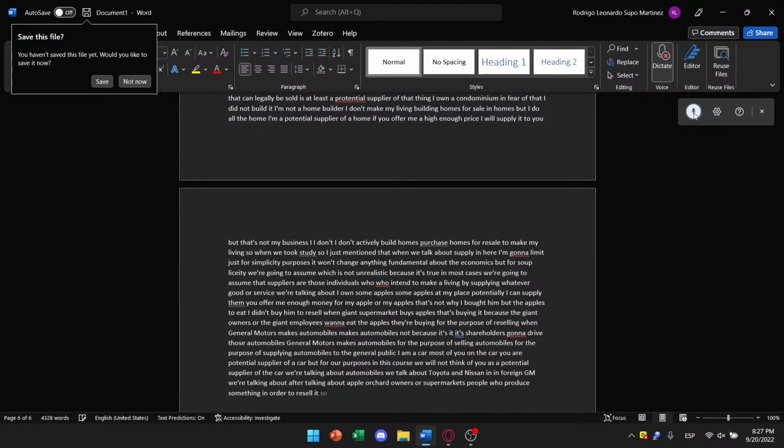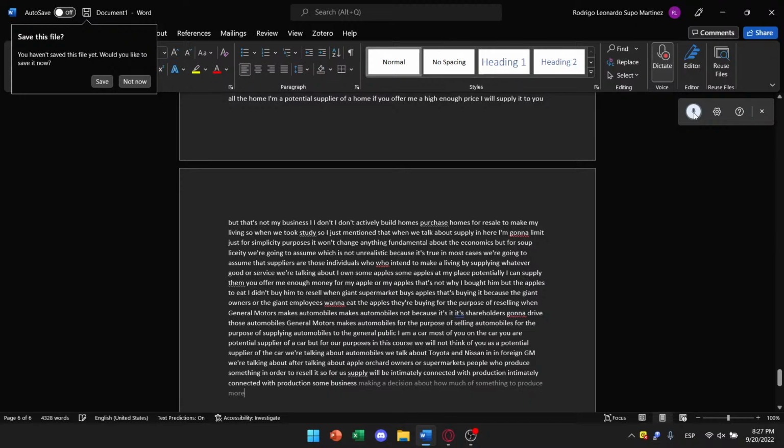So for us, supply will be intimately connected with production. Some business making a decision about how much of something to produce for resale to consumers. Not to produce to consume themselves, but to produce for resale to consumers.